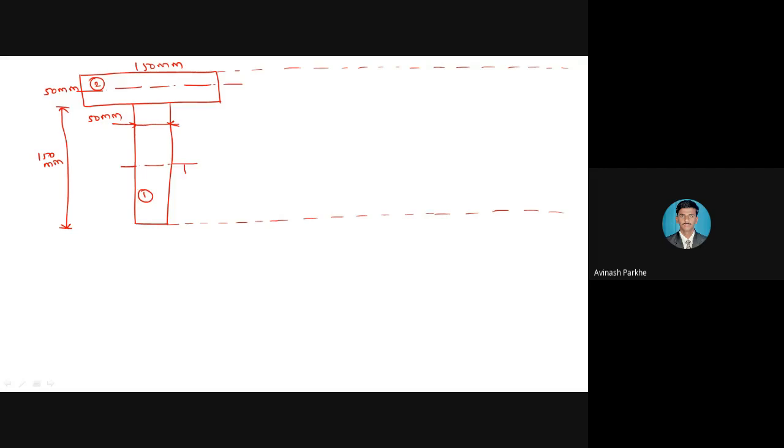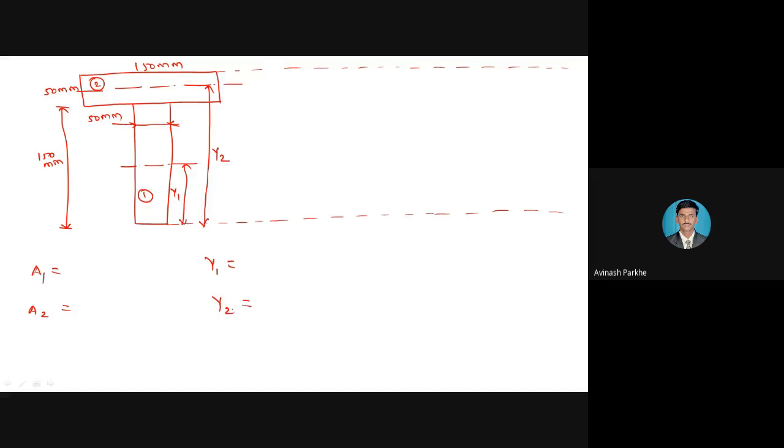So here, this is the y1 distance, and this is the y2 distance. Okay, now please tell me immediately what is the y bar value. Before that, let us see. A1 we have to calculate, A2 we have to calculate, then y1 we have to calculate, y2 we have to calculate.